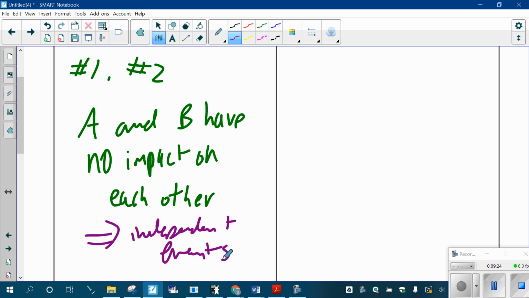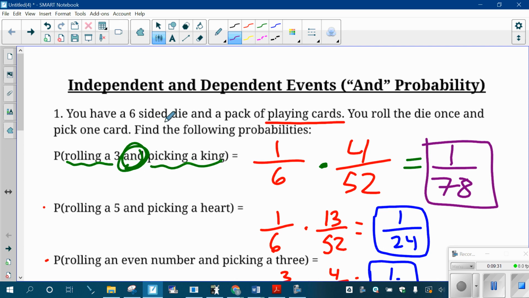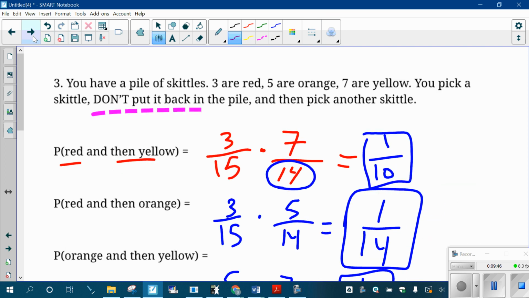Okay, so if you go back to examples 1 and 2, what you roll on the dice and what card you pick have nothing to do with each other. What happens in the one event doesn't impact the other one. It's not like if you roll a 3, you're more likely to draw a king. They don't have anything to do with each other. They're independent events. Same with number 2.